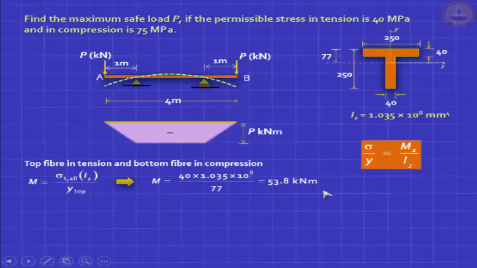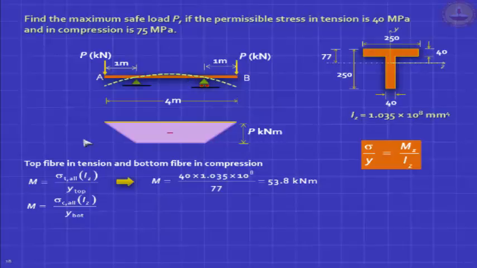It's worth talking of section modulus when you have a symmetric section, but here also you can do that, and we get M allowable to be, if you plug in the value, please note in tension the permissible stress is 40 MPa, so 40 you should put here, I is this and Y is this, so you get some capacity, 53.8 kilonewton meter. This kilonewton meter you can convert to load P by dividing this by A. So the moment here is P into A, the maximum moment is P into A. So you are actually getting 53.8 kilonewton, please note, that's a load.